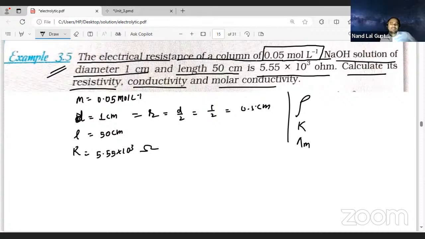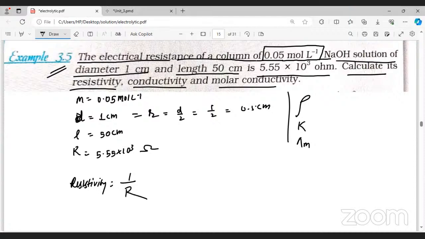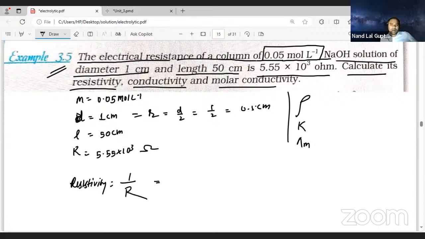A few things are very easy to calculate. See, I will calculate resistivity. So resistivity is equal to 1 upon what? Resistance.